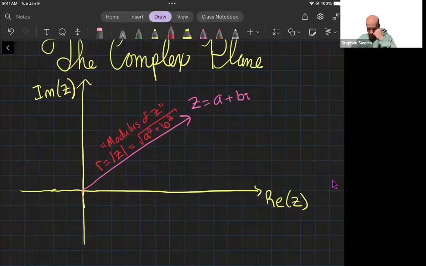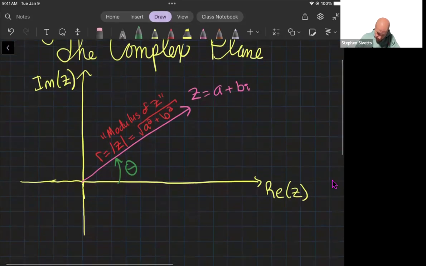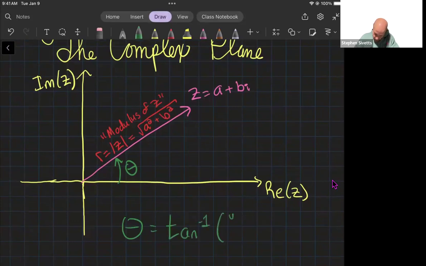The other component of a vector is its direction, meaning its angle. It will have an angle with respect to the positive real axis. To figure out theta, its angle, it is equal to the inverse tangent of y over x, okay?